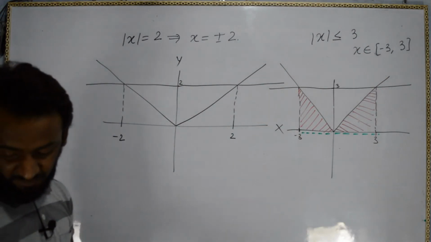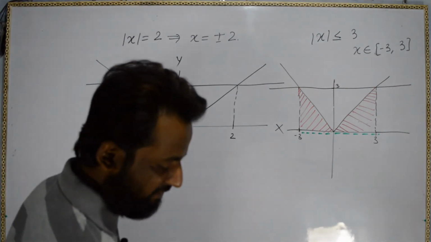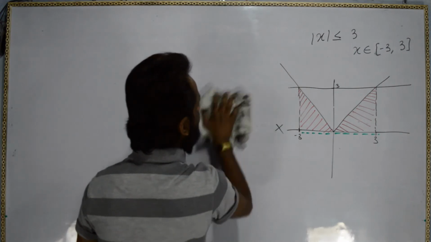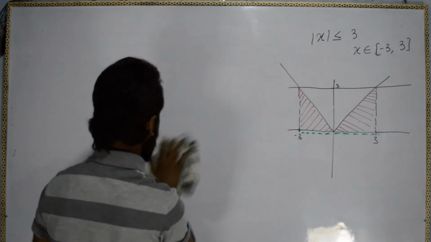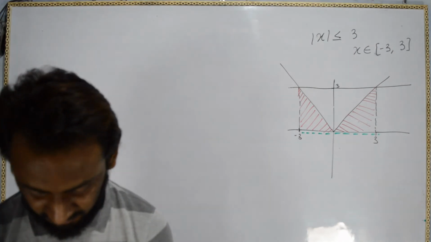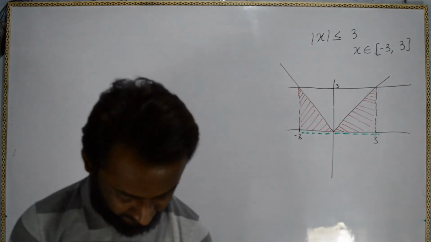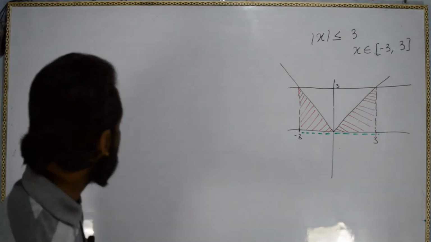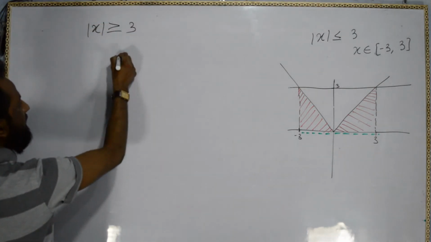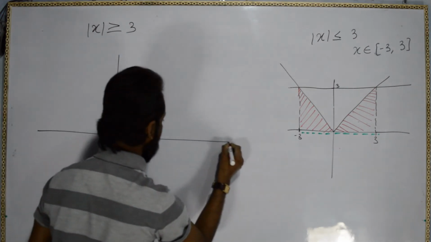Then we will go for the third inequality, that was mod x greater than or equal to a. Which pen? Okay, black pen. Mod x greater than or equal to 3, same I am taking.